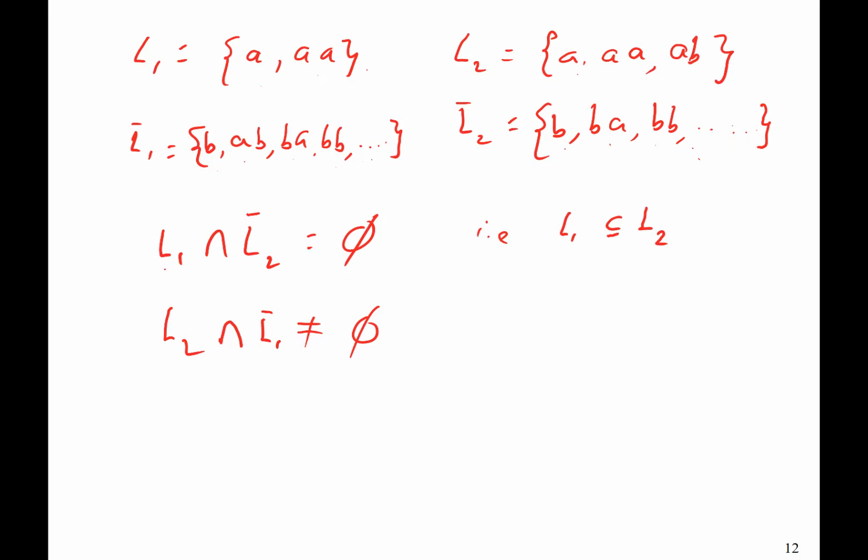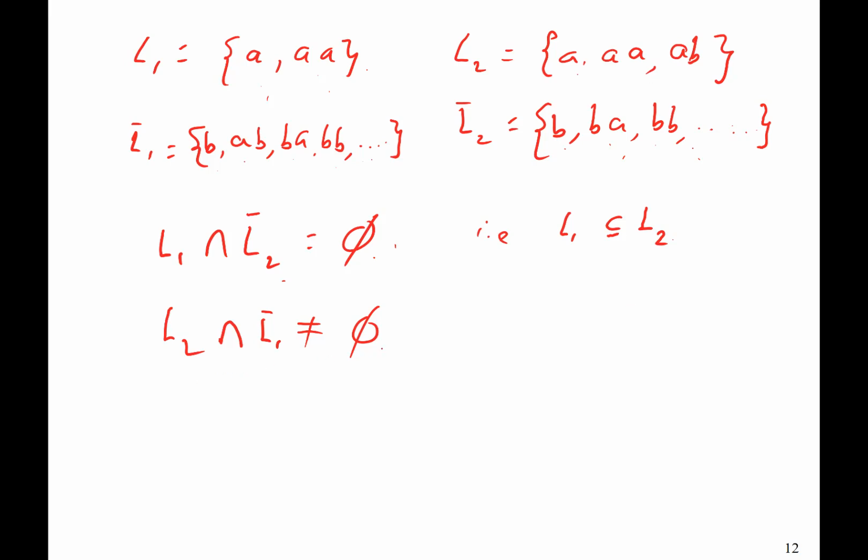So what would L1 intersection L2 bar be? There's nothing in common, so it's empty, because L1 is a proper subset of L2, because all the strings in L1 are part of L2.